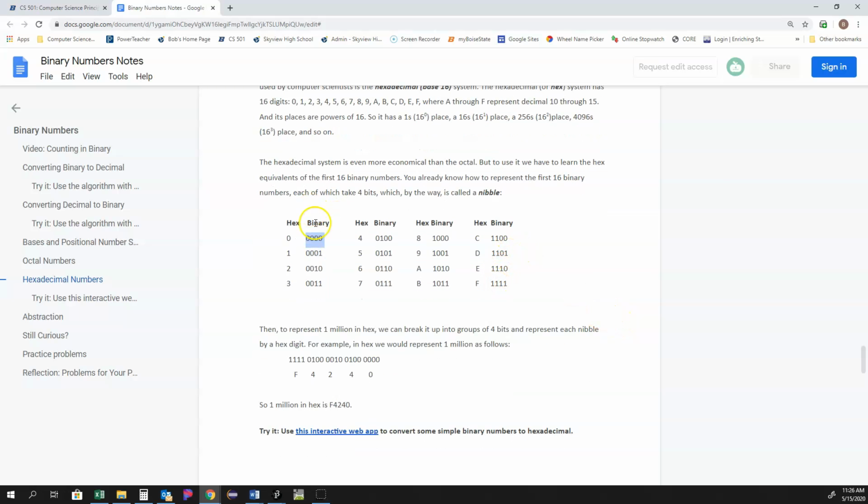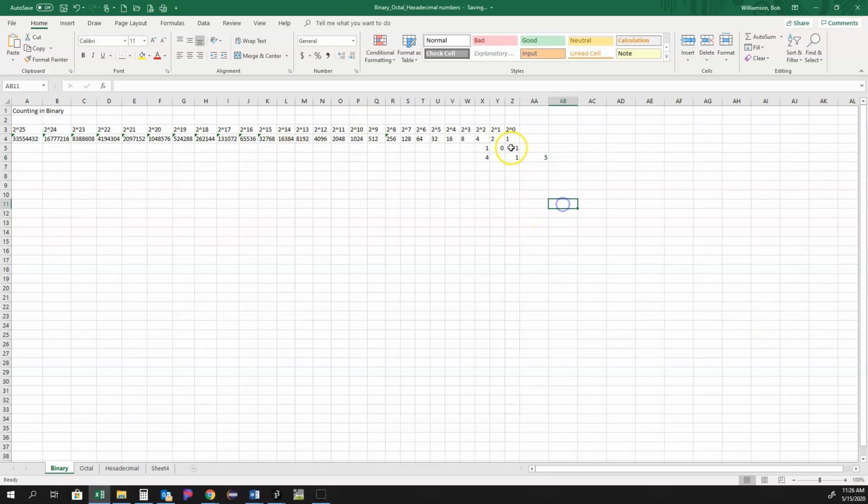Again, these are binary terms, so if we were to look at number 9 here, 9 is 1001. We can confirm that 9 is going to be 1001.